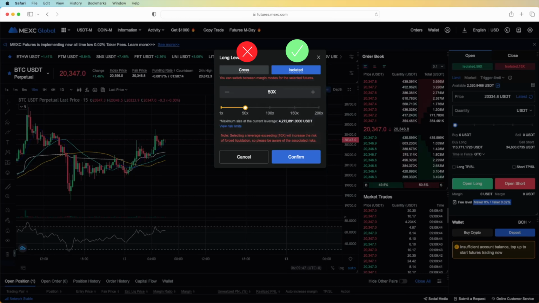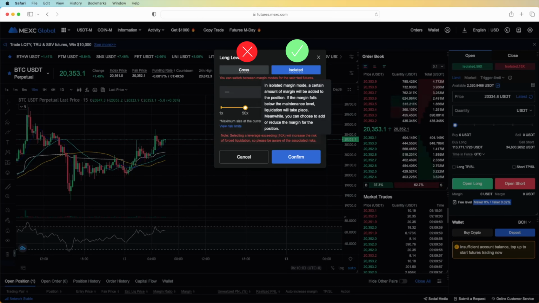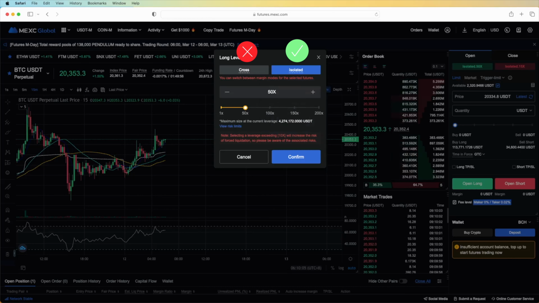When the price has a big jump and your stop loss is not triggered, you risk only the money that you put on the trade, not your whole cross margin. I highly recommend going for isolated. But if you want to go for cross, it's cross.